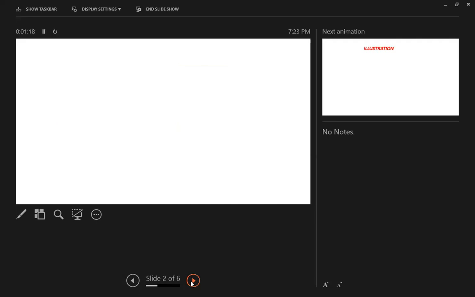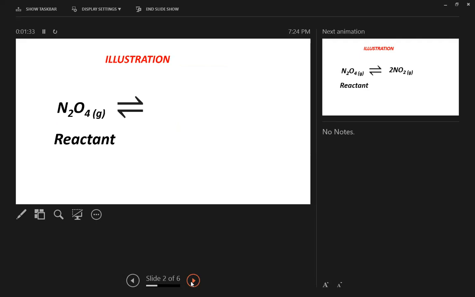Now, what are further illustrations to help us understand this concept? Let's look at this representation, N2O4. This is a reactant. For instance, a reactant undergoes a certain reaction where equilibrium is established to form NO2 gas, that is the product side.